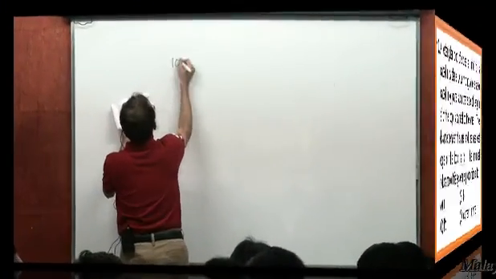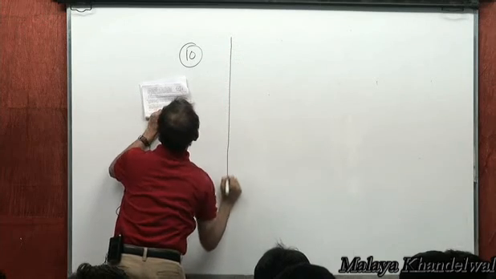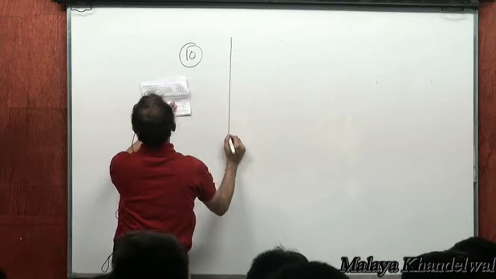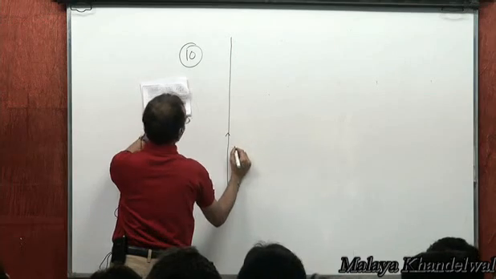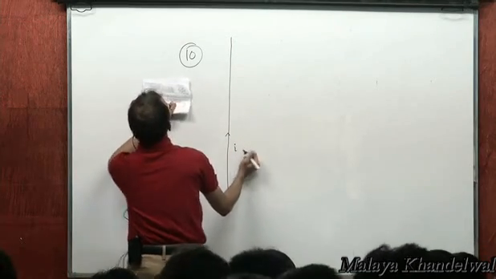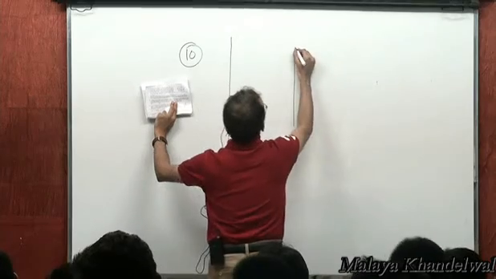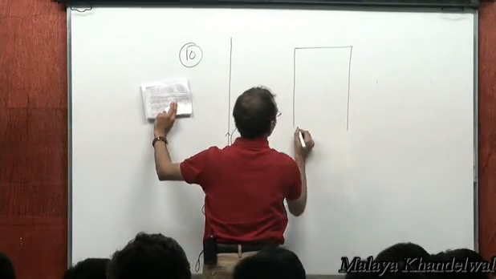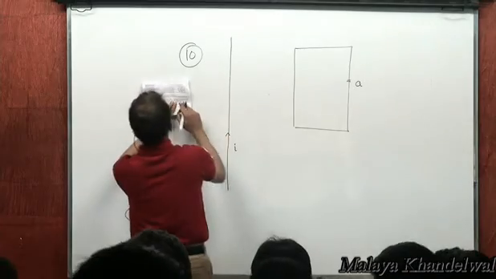Problem 10. There is a very long thin wire placed in the XY plane such that the length A of the loop is parallel to the wire. It's a current carrying wire carrying current I. The length A of the loop is parallel to the wire.